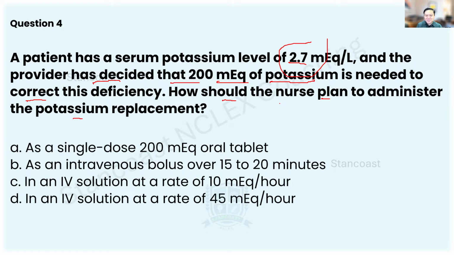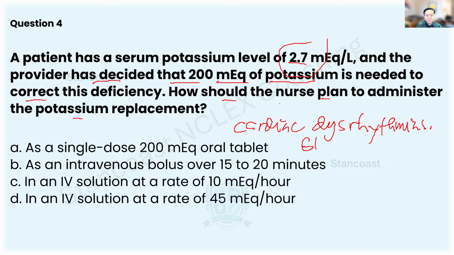And another thing is that this patient that will be getting 200 milliequivalents can develop cardiac dysrhythmias as well. Aside from the ulceration and irritation, they're going to develop the cardiac dysrhythmias, GI irritation. Never give a single dose of potassium, even orally.